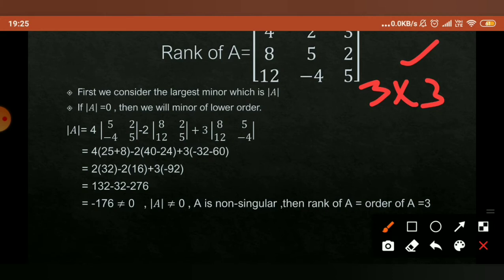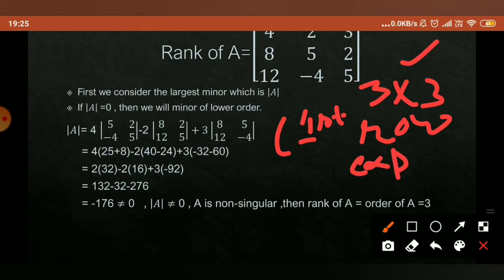So we find the value of this. We find the determinant of A, and this is the process. You know that we have expanded with the first row, using the determinant that we have studied in lower classes. The first row expansion has been used here.